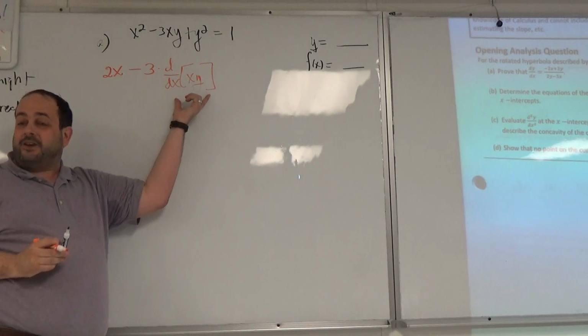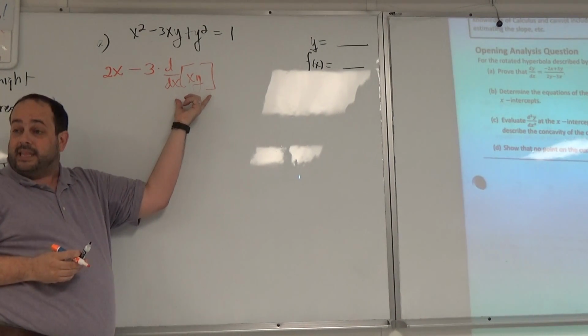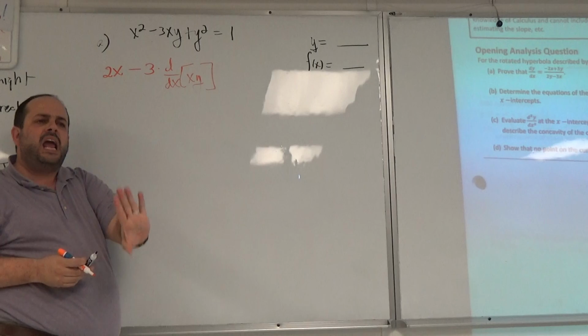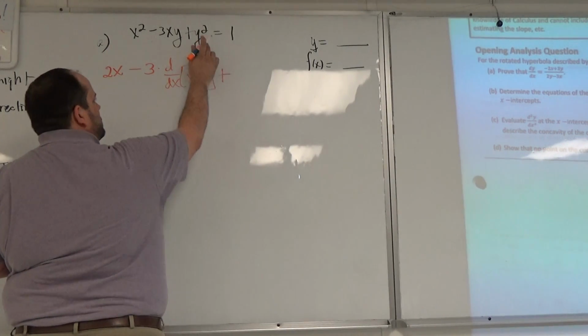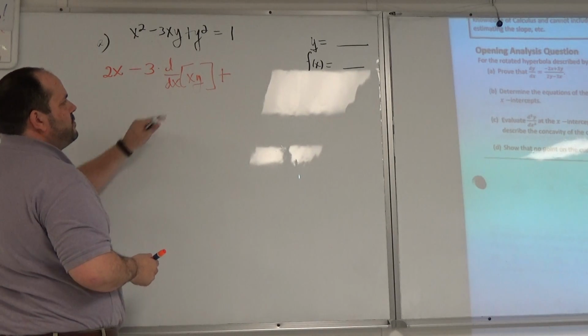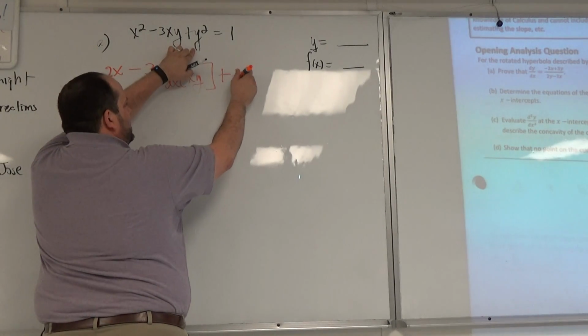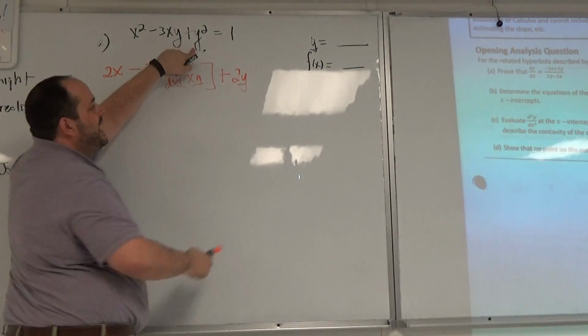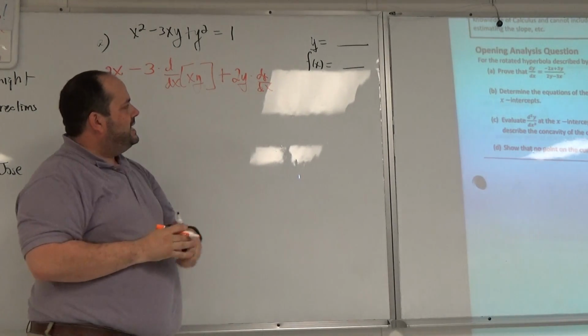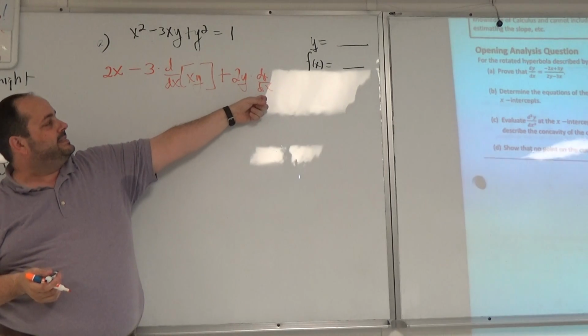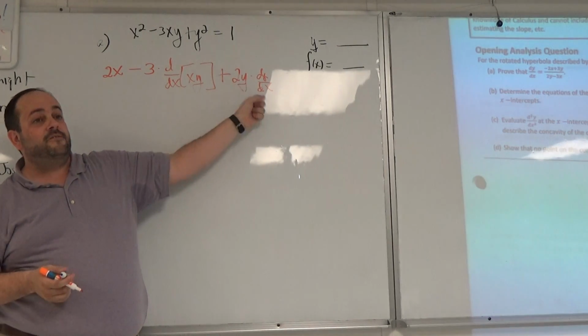I haven't actually taken a derivative yet, but I'm using that good calculus notation to say I'm going to come back to this in a little bit. Now I need to take the derivative of y squared, and the derivative of y squared is going to be 2y times dy dx.